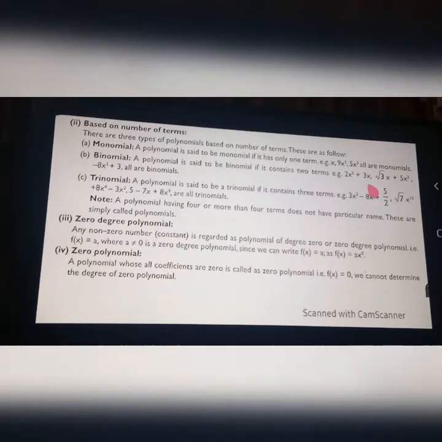Two terms. 2x square is the first term and 3x is the second term. And here how many terms? Two terms. Here how many? Two terms. This is what we are calling binomial. A polynomial is said to be binomial if it contains only two terms.